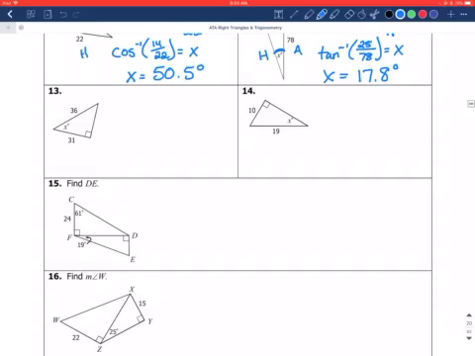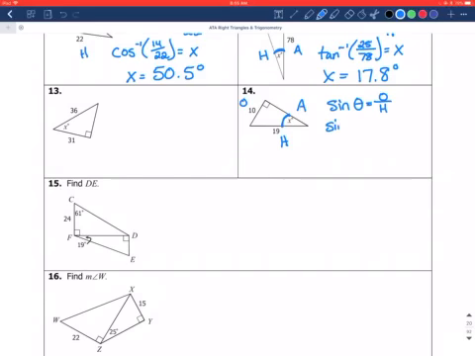All right, for number 14, we have our reference angle there. Hypotenuse and adjacent are the two that it touches. Opposite is the one that it does not touch. So we now have the sine, which will be opposite over hypotenuse.